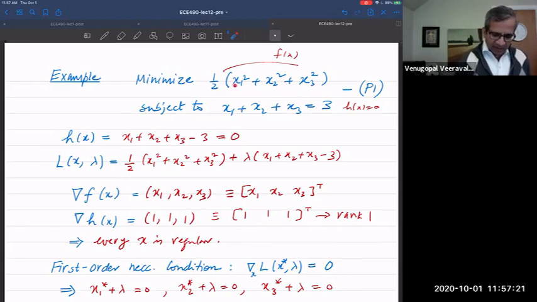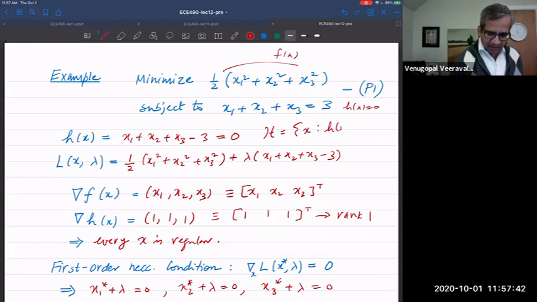This is a convex function, and this constraint set, all the x's that satisfy this constraint, is closed, but we also know something else.